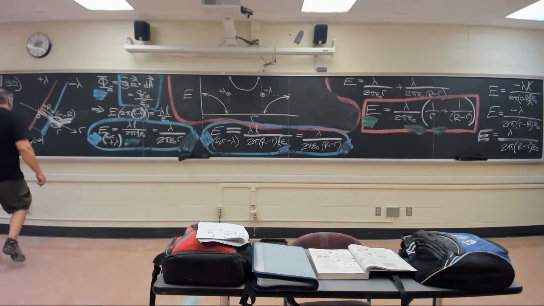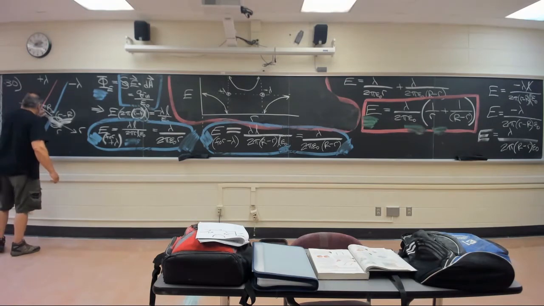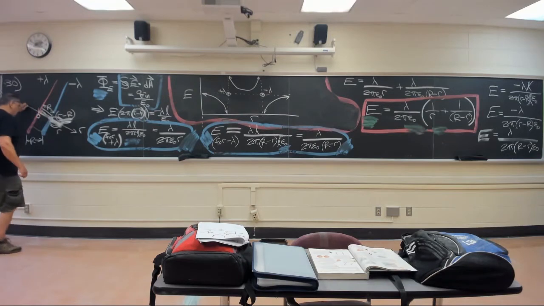What happens if you go this way? What if you go out here, from here to here? What is that distance? Well, that's a negative distance.